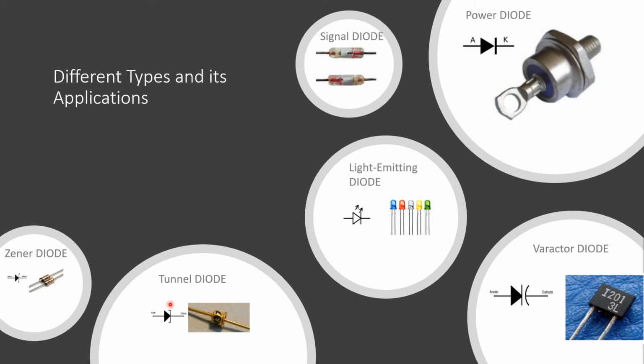For the tunnel diode, this is used in the oscillator circuit in an oscilloscope. So, the tunnel diode exhibits a special characteristic known as negative resistance, and this feature makes it useful in oscillator and microwave amplifier applications. For the varactor diode, this is a variable capacitor in a tuned circuit.